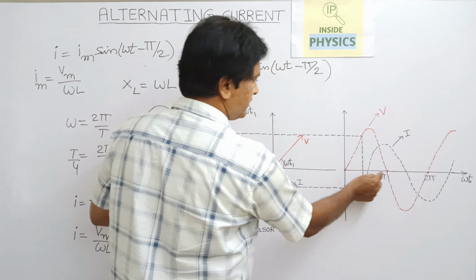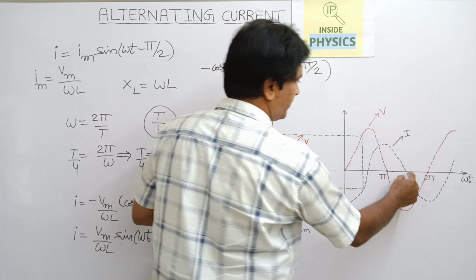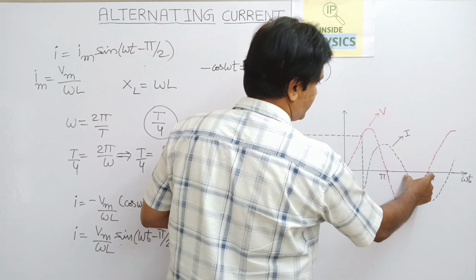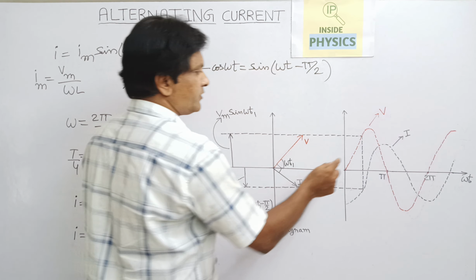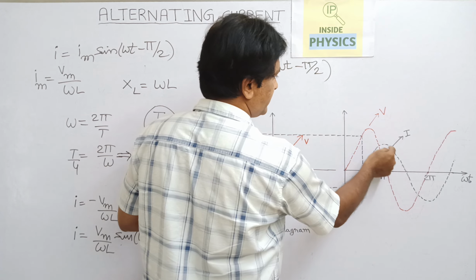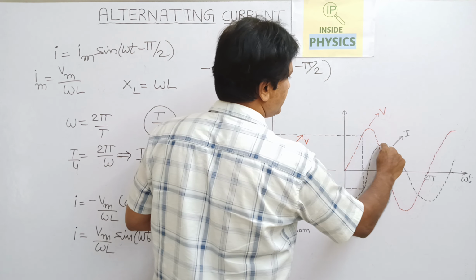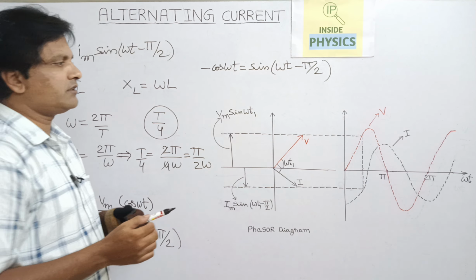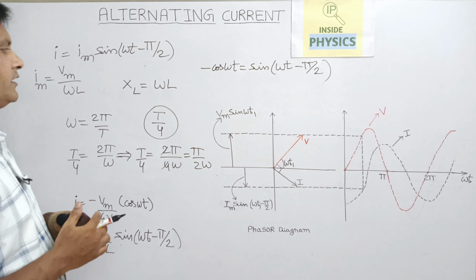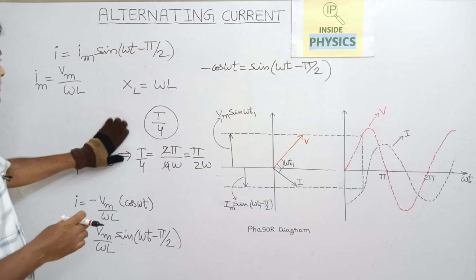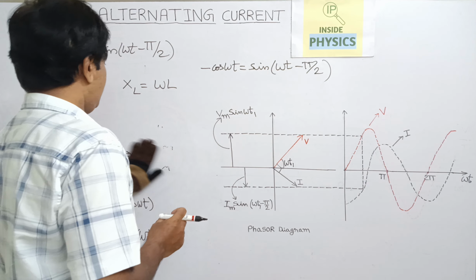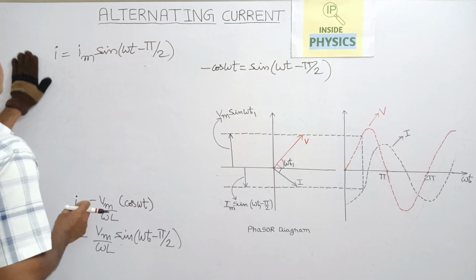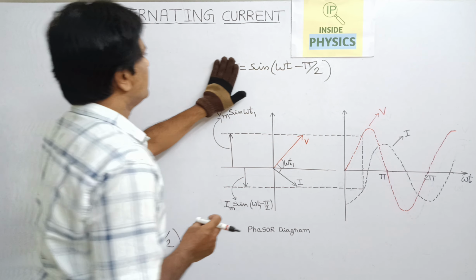So you can see that the current is lower while the voltage is higher, because inductive reactance always opposes the current in the circuit. This is how the inductive circuit is understood.